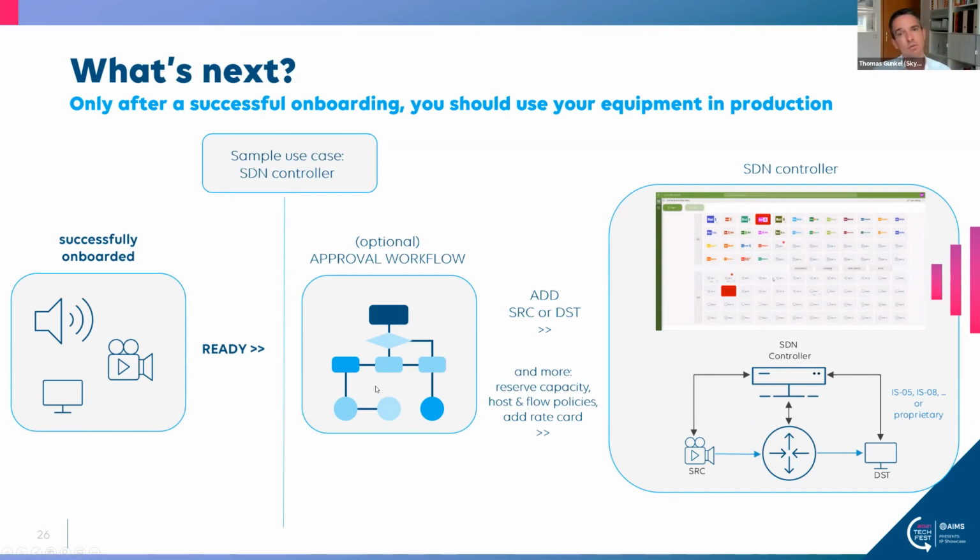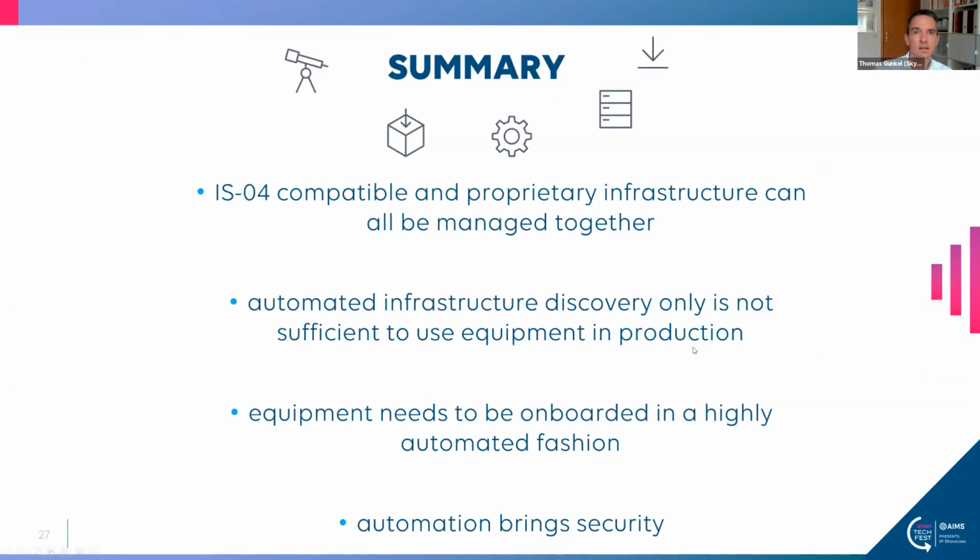So it's still not enough to have the equipment onboarded successfully. You might need to approve certain things, and there's still a lot of extra workflows and automation running under the hood that is required before you can really use your equipment. But in summary, what we have seen with that use case, you can use NMOS IS-04, which is a great tool to discover new infrastructure, together with IS-05 to manage connectivity, with infrastructure which is not NMOS compatible.